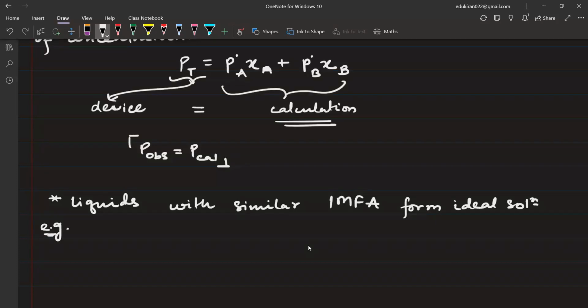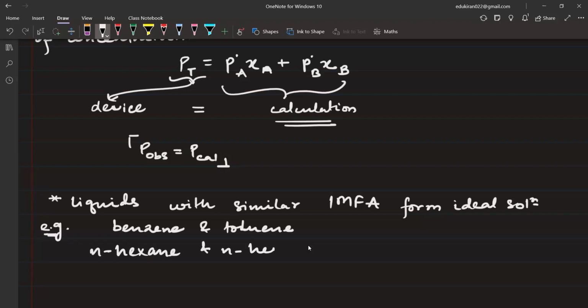For example, examples are important, please write. You have benzene, which is non-polar, and toluene. Not much difference between benzene and toluene, only an increase of one carbon atom. Similarly, normal hexane and normal heptane.